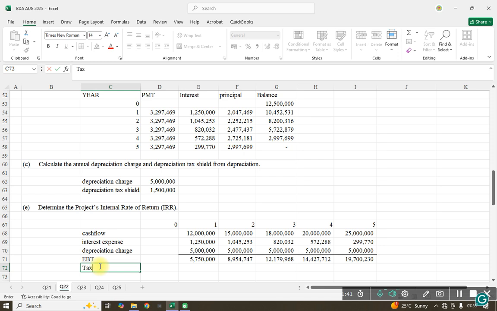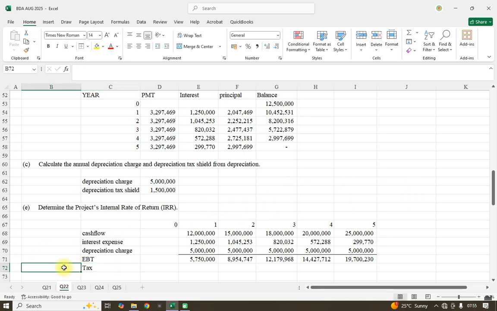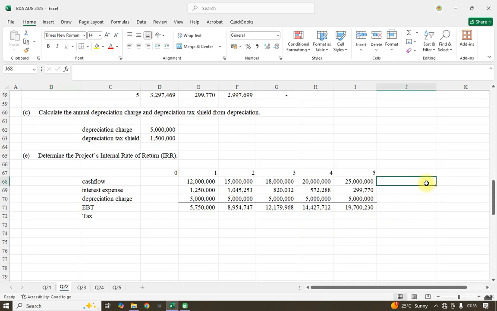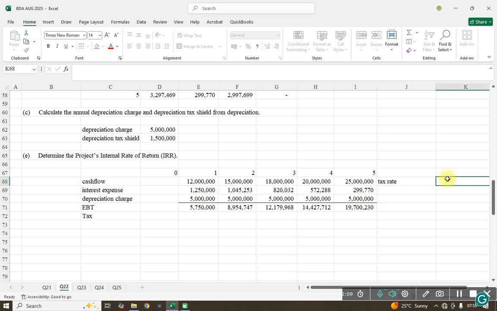Then we shall less our tax. Remember, our tax rate is 30%. You can just put it on this side, or I can put it somewhere. So I can have my tax rate here, which is 30%.